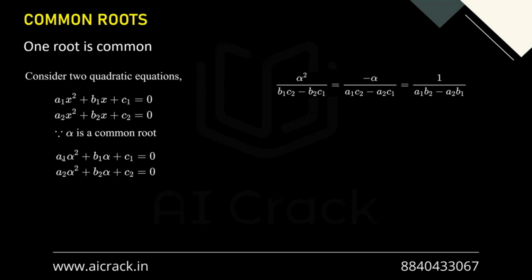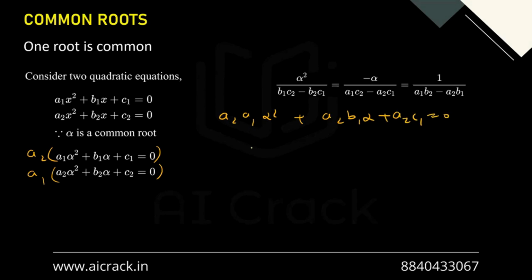So what we'll be doing, we'll first use the elimination method to find out this condition, and then we'll use a shortcut. Okay, so for the elimination method, we'll be treating alpha square and alpha as two variables, and then we'll eliminate them. So for the first equation, I'll be multiplying by a2, and the second equation I'll be multiplying with a1. Okay, so what we have got, a2 a1 alpha square plus a2 b1 alpha plus a2 c1 equals to 0.